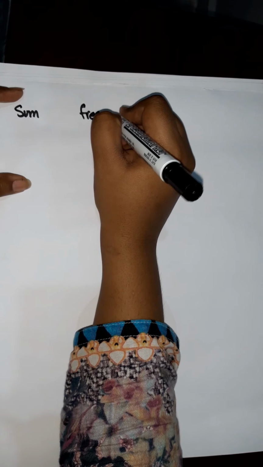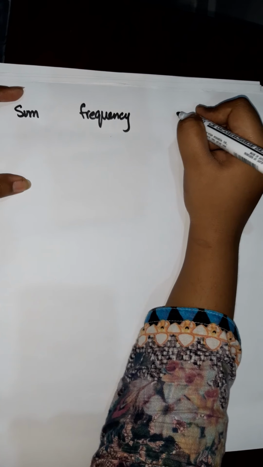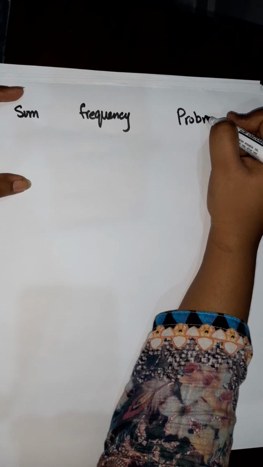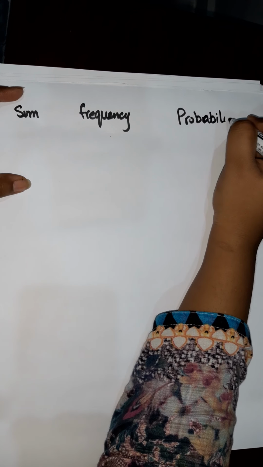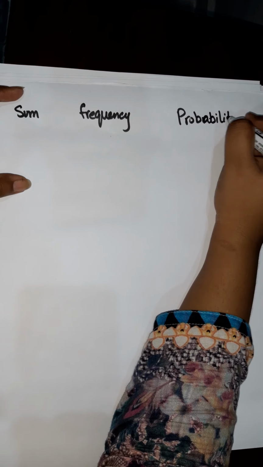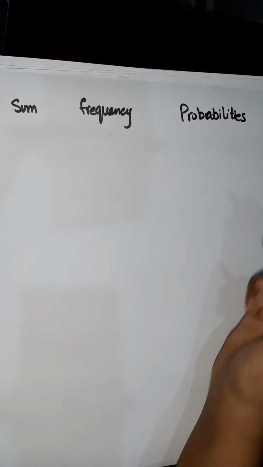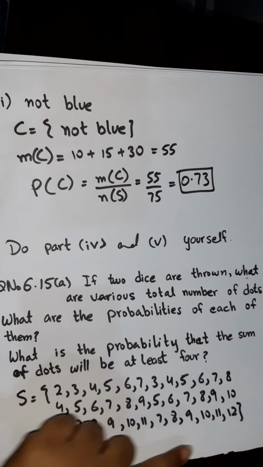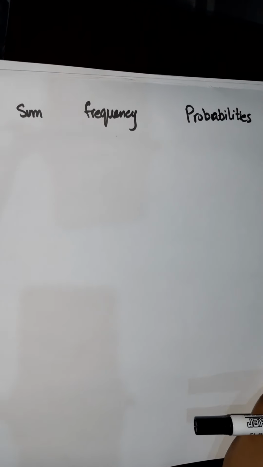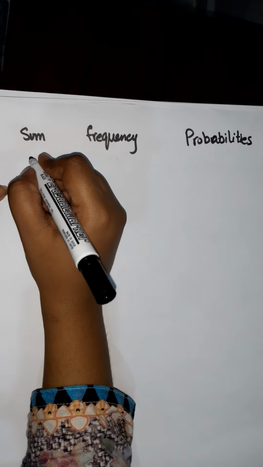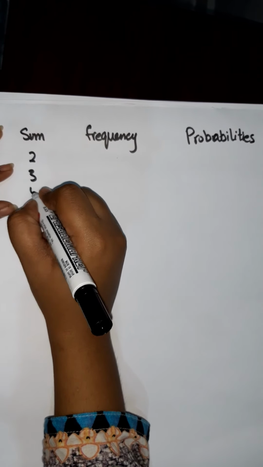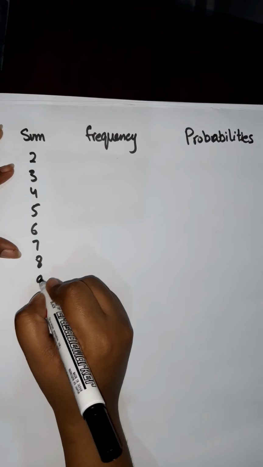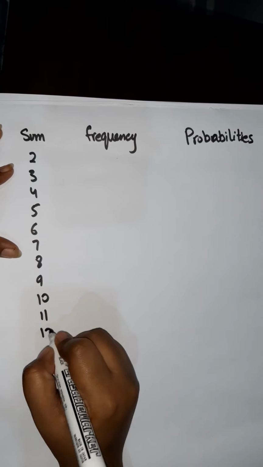The second column is of frequency, and the third column is of probabilities. Now what were the possible sums? The sum is starting from 2 to 12. So we will write all these sums once: 2, 3, 4, 5, 6, 7, 8, 9, 10, 11 and 12.